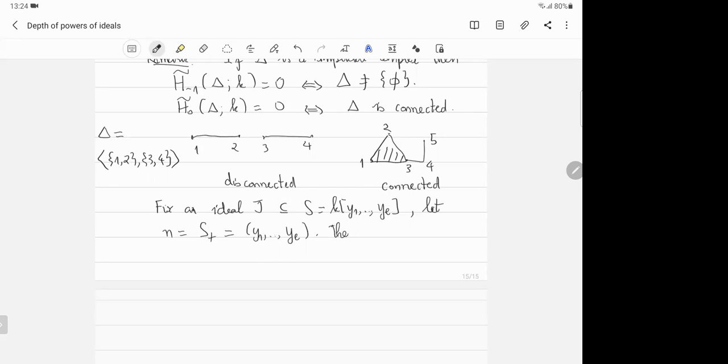Then by definition, this is the saturation of J, the union of the colon ideals J : N^k over powers of the graded maximal ideal.